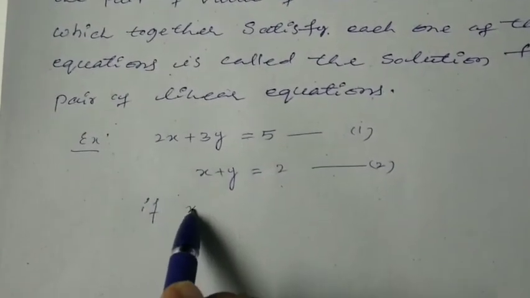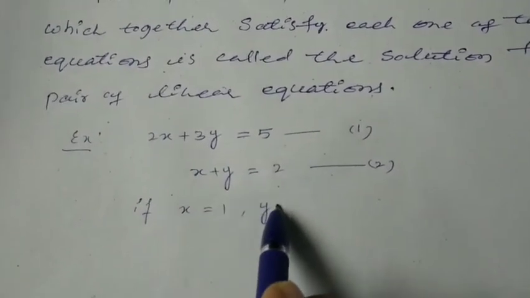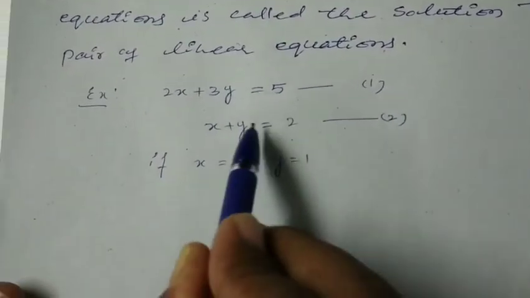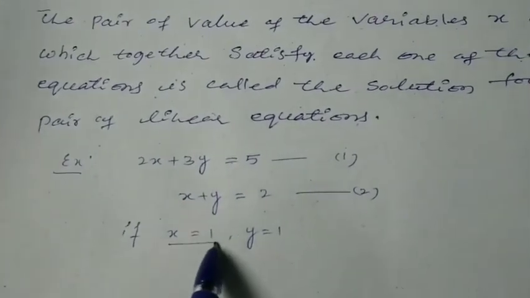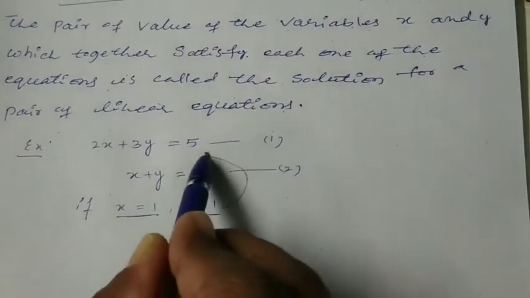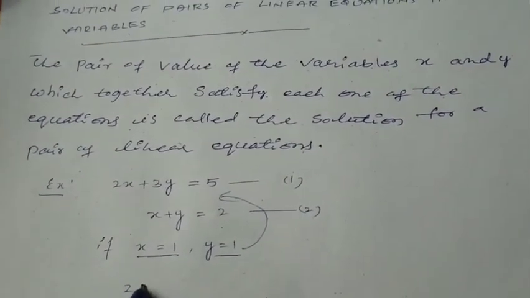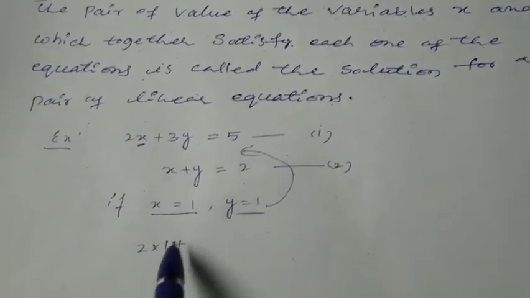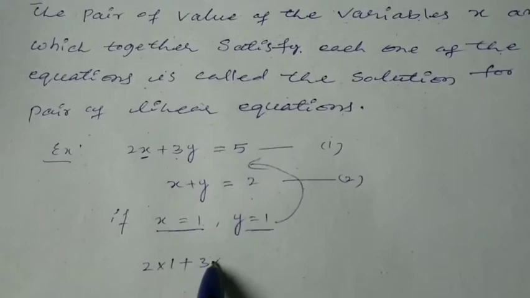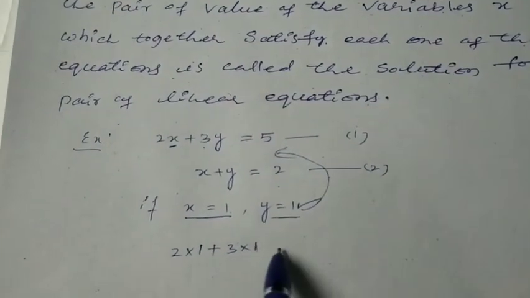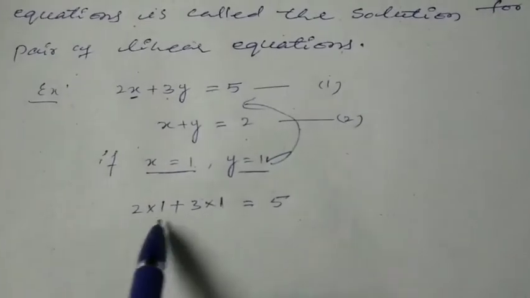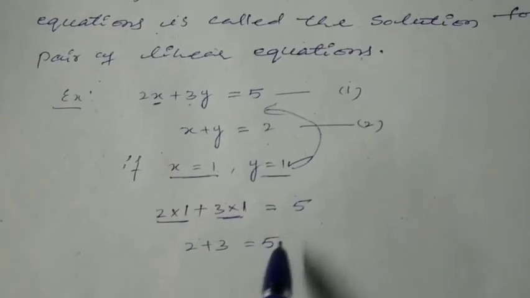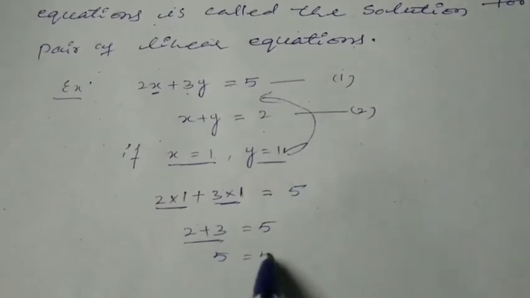If x equals 1 and y equals 1, is this a solution to the given pair of equations? Now we are going to check. We substitute these two values in equation 1: 2x, with x equal to 1, plus 3y, 3 into y equals 1, is equal to 5. 2 ones are 2 plus 3 ones are 3 is equal to 5. 2 plus 3 equals 5.